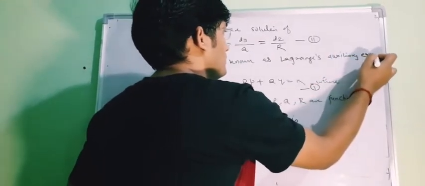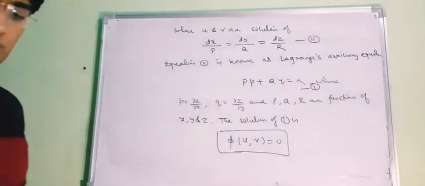So this is your Lagrange auxiliary equation, or you can say subsidiary equation.